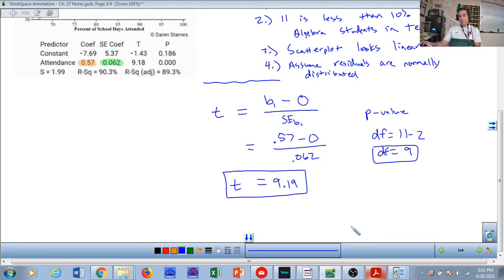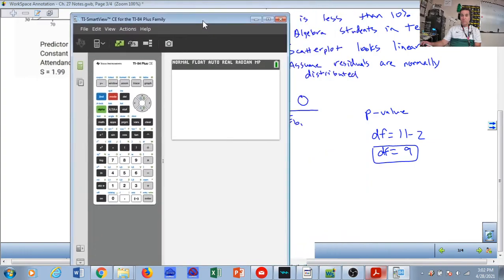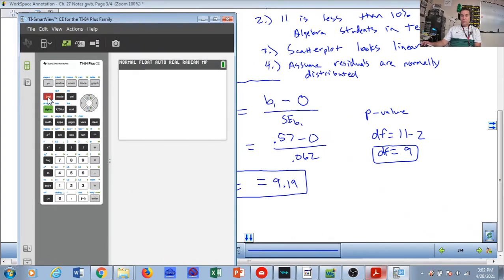Where's another place to get the p-value? Well, calculator, right? Remember I showed you that one time, and I said you're probably never going to use it. You could go to tcdf and say, okay, I want my boundary to be 9.19 to infinity, 1 e to the 99th.